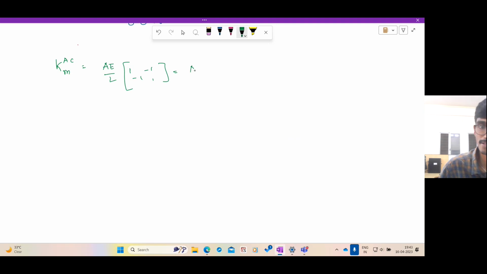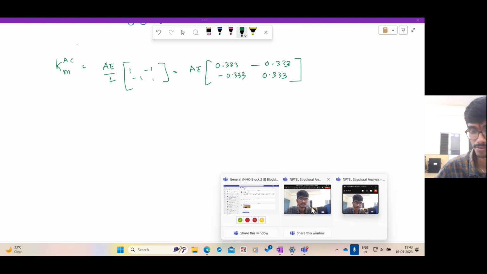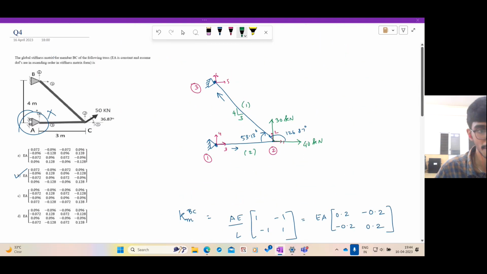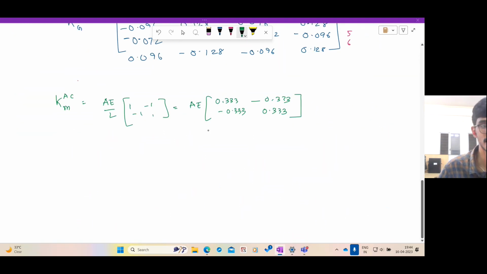L is 3 meters, so it is AE into 0.333, minus 0.333, minus 0.333, 0.333. What is the transformation matrix in this case? It is actually oriented at 0 degrees. So the transformation matrix is simply cos 0 is 1, sin 0 is 0, 0, 0, 0, 1, 0. And its transpose is nothing but the same.